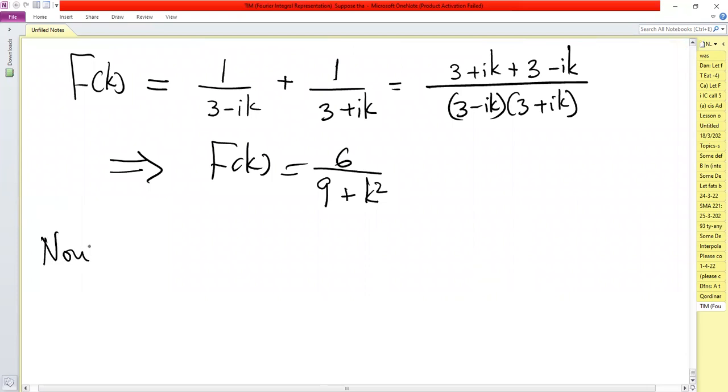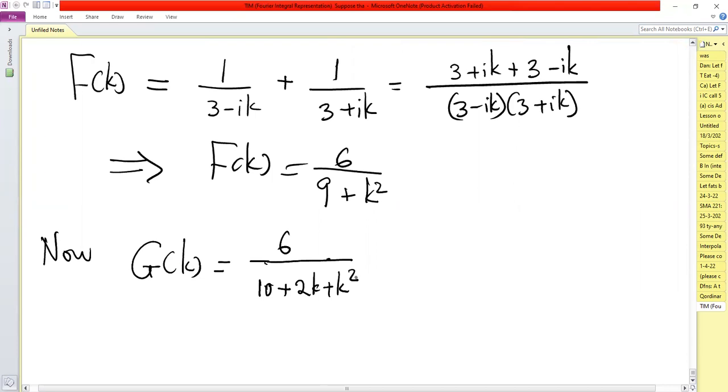But now, g of k is given by 6 over 10 plus 2k plus k squared. Now you see, we complete the squares. So k squared plus 2k plus 10. So b over 2 squared.